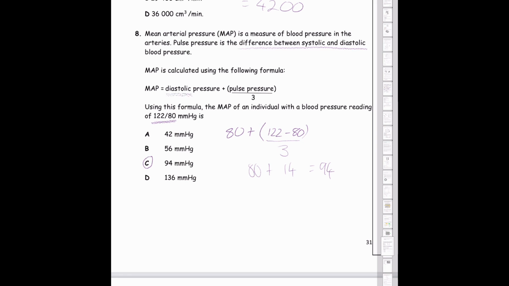So using the formula, their diastolic pressure would be 80, plus their pulse pressure over 3. So their pulse pressure is going to be 122 minus 80, which is 42. 42 divided by 3 is 14. And if we add that on to the diastolic blood pressure, we get 94. So the answer is C.